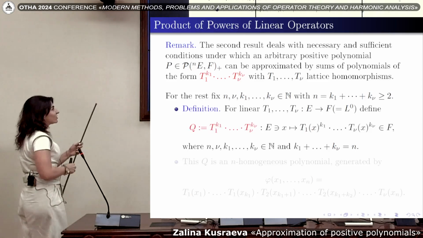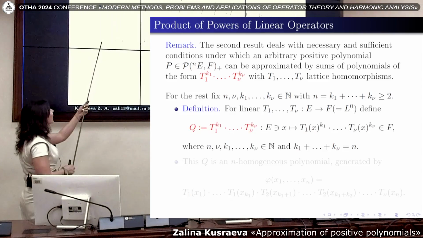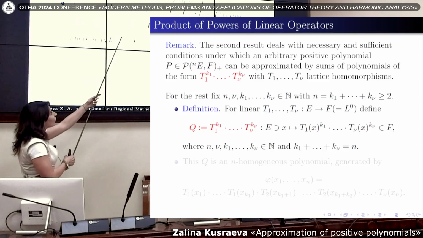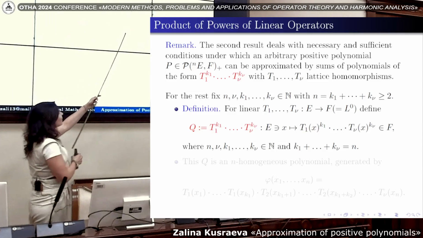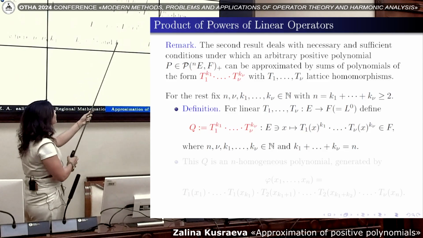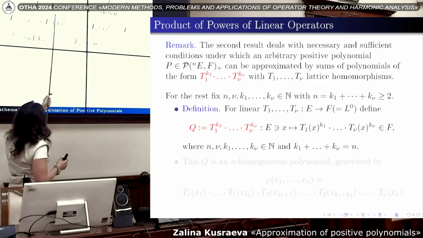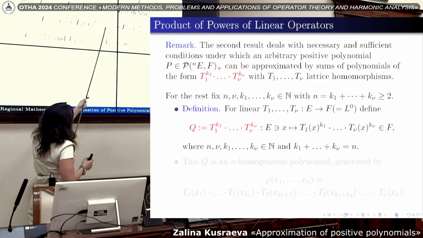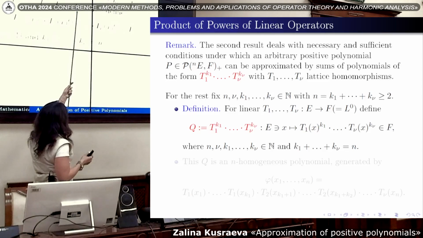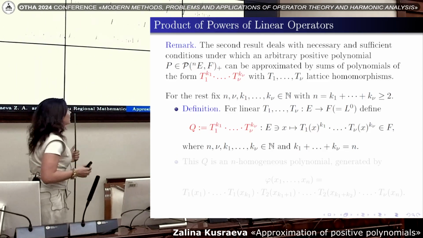To do this, I will show you the definition. We define a polynomial Q in the following way. Of course, this is done in the general case, for an arbitrary Banach space F, but for the example, for making the multiplication easy and understandable, I use the L0 space instead of F in the target.